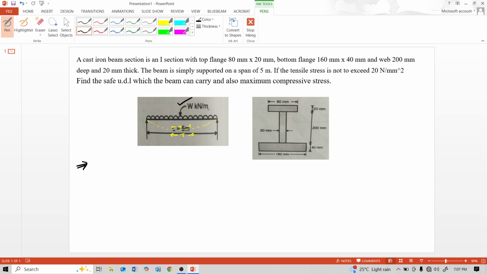Now write the given data. Tensile stress, denoted as sigma T, does not exceed 20 Newton per mm square.